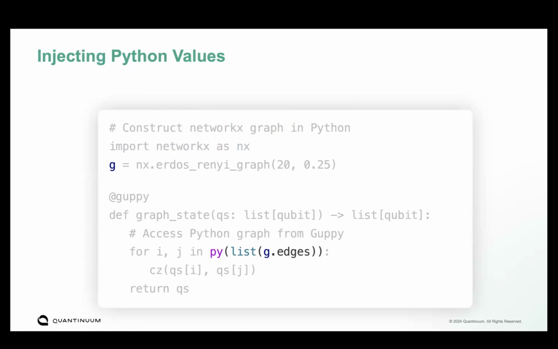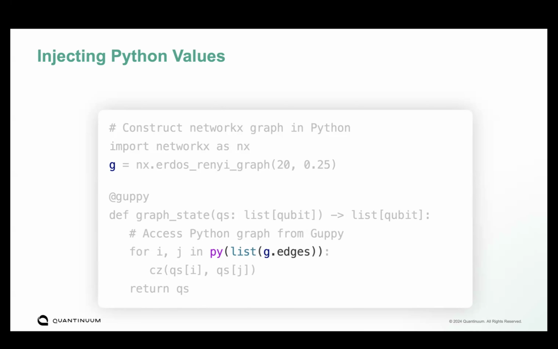The way this works is that this code is run at compile time. That is, the value of this graph is interpreted at Guppy's compile time, and then given to Guppy as a value. And there's a little restriction in that the type of the values you're importing should be compatible with the types that are available in Guppy.